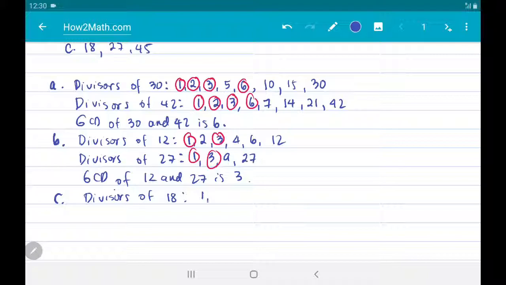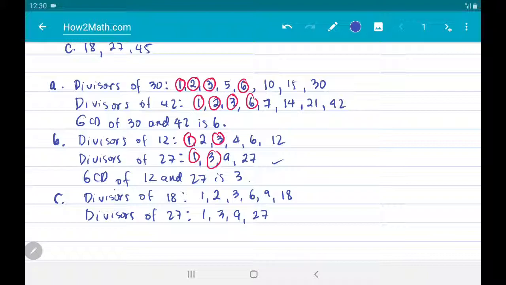So we have 1, we have 2, we have 3, we have 6, we have 9, and we also have 18. What about divisors of 27? We already have here the divisors of 27. So that's 1, 3, 9, and 27.